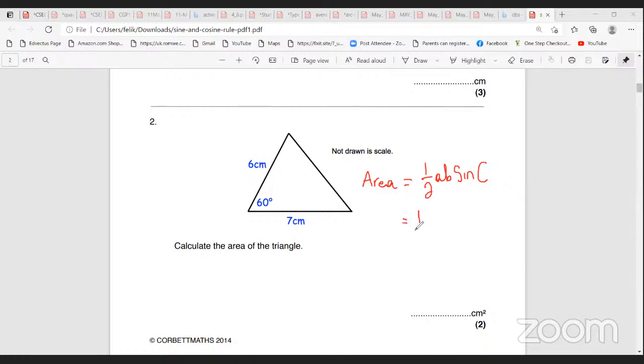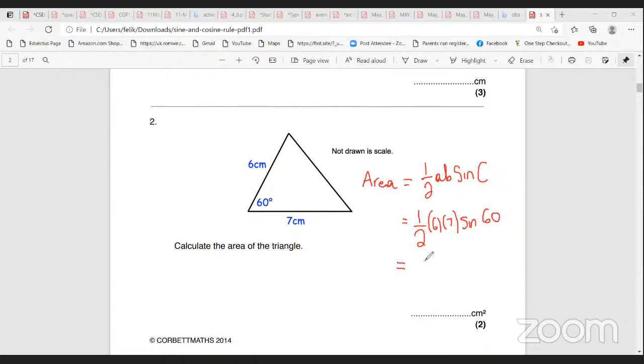Okay. So it's going to be half. What's the value of A? Times 6 times 7. Sine what? Sine 60. What's the answer? So then this is 3.